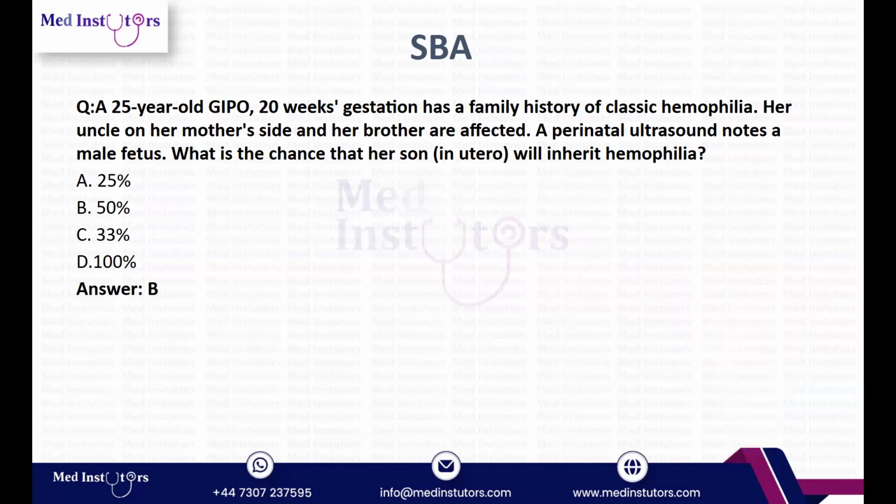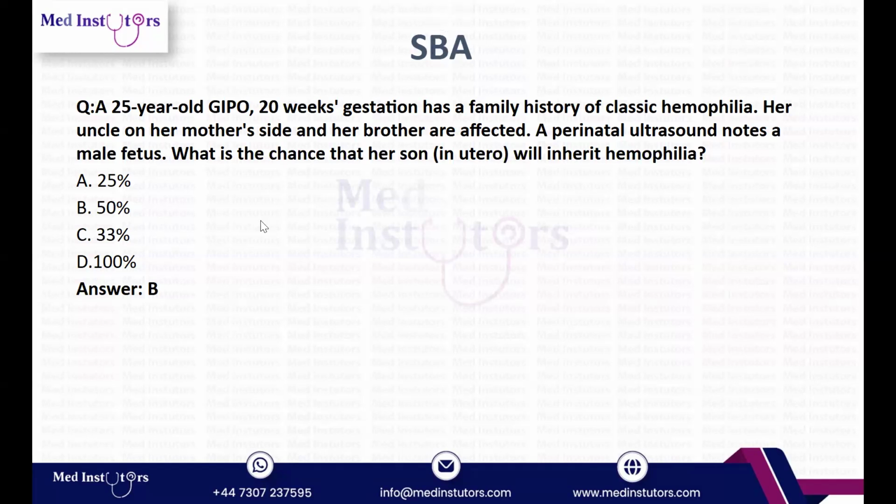Okay, B is the right answer. It is X-linked recessive, and the question is not generic. If they were asking in general, like what is the probability for the offspring, or how many children would be affected, how many would be normal and how many would be carriers, then the answer would be different.